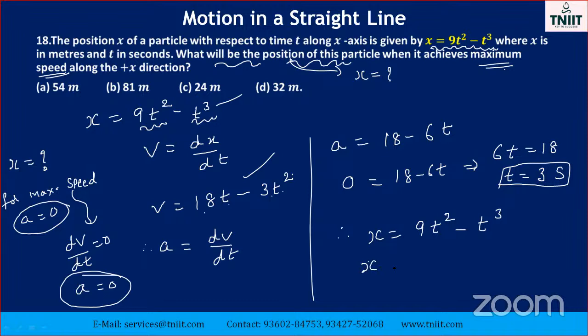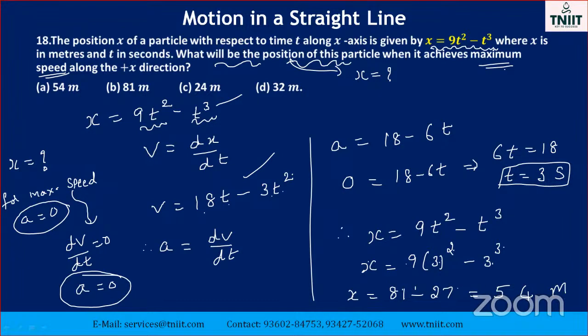So x is equal to 9 into 3 squared minus 3 cube. 3 squared will be 9, 9 into 9 will be 81, minus 3 cube will be 27. 81 minus 27 is 54.